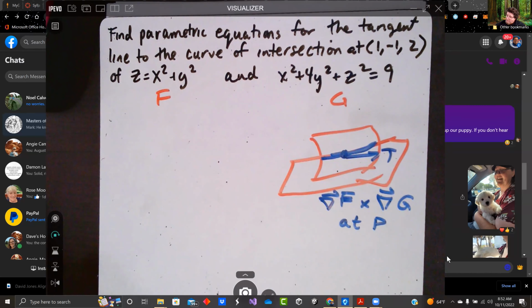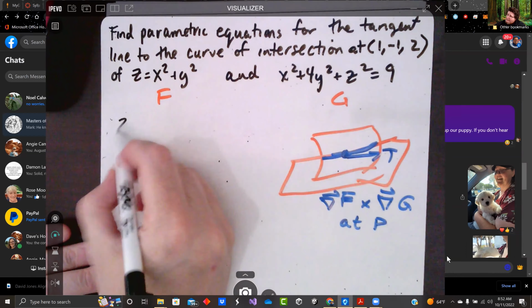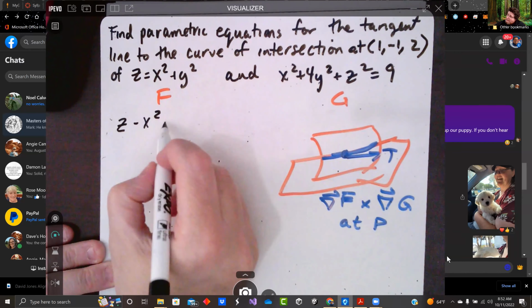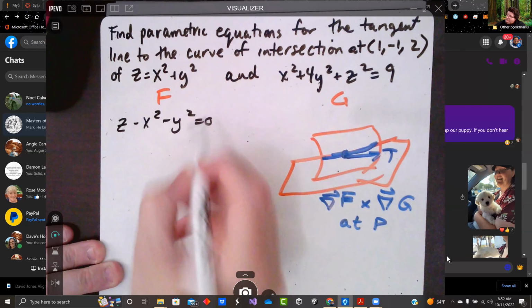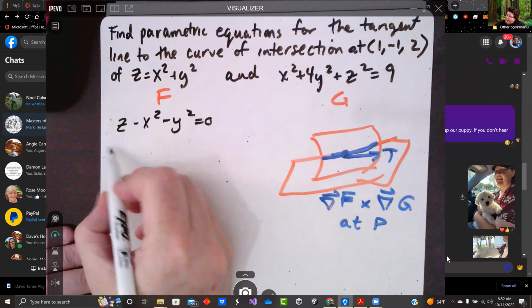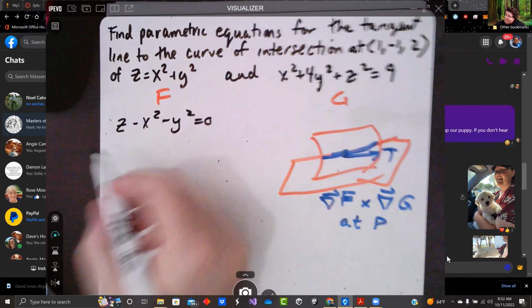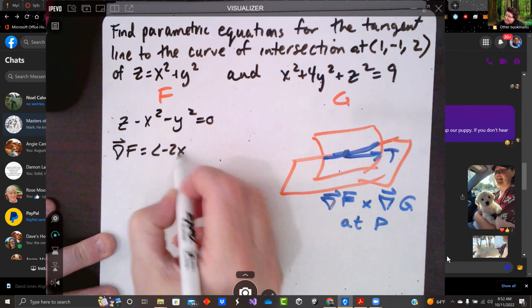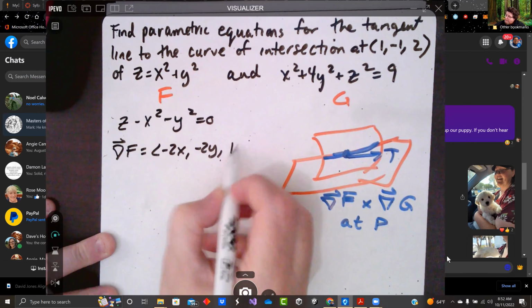So we have z minus x squared minus y squared equals 0. So the gradient, if I call that f, gradient of f is negative 2x, negative 2y, and 1.